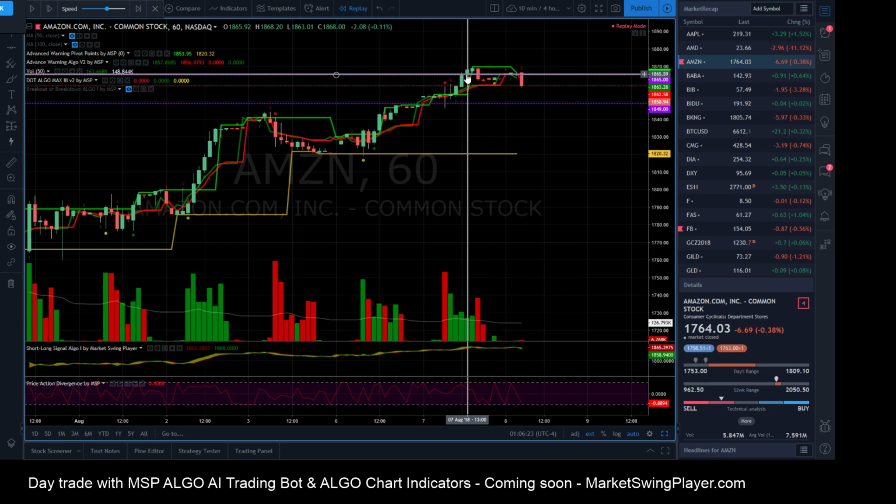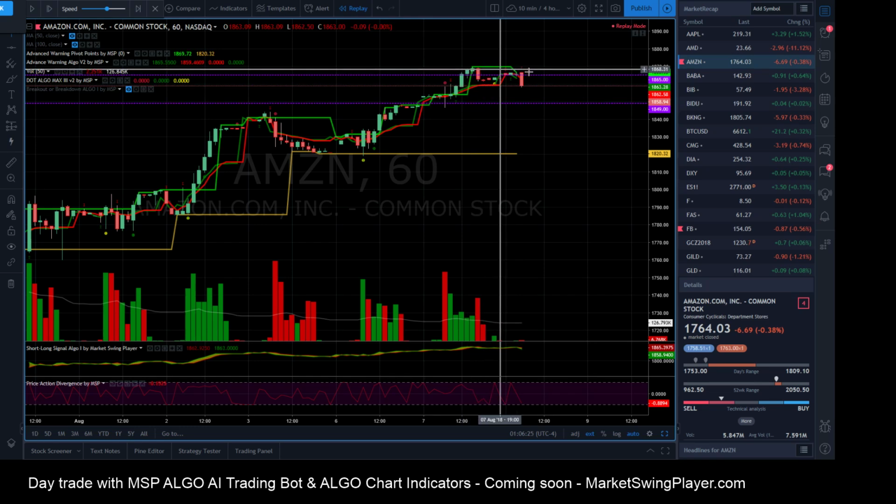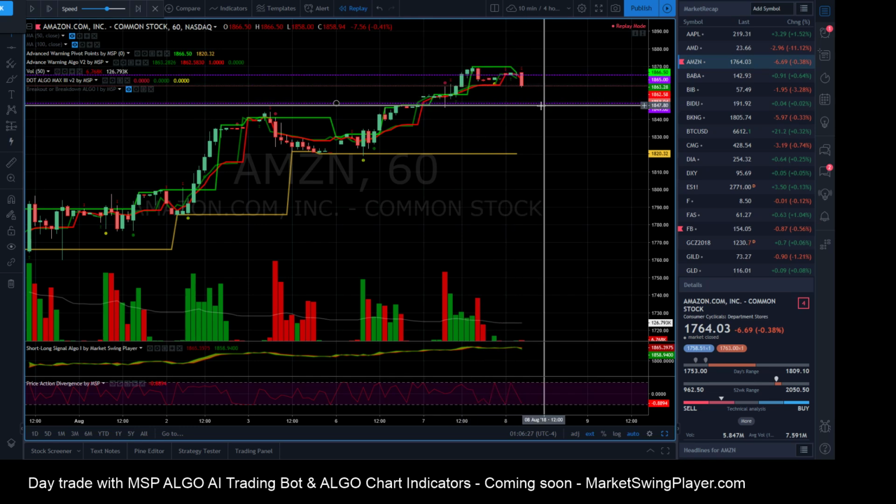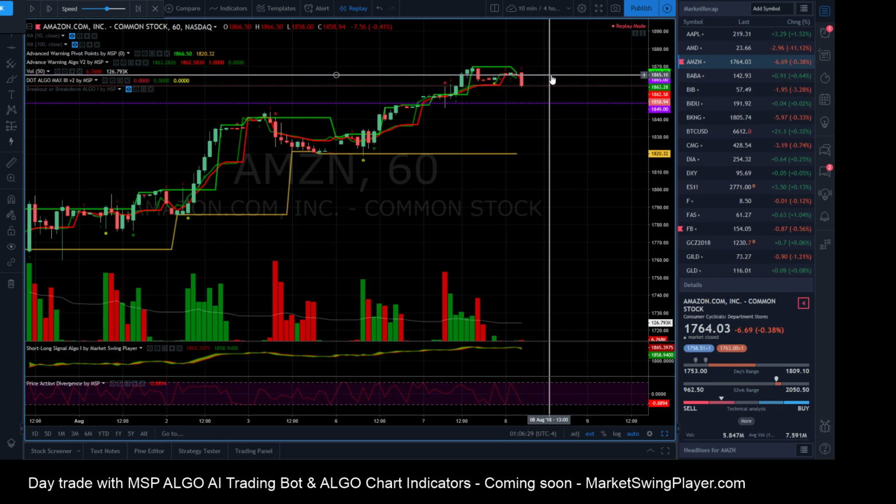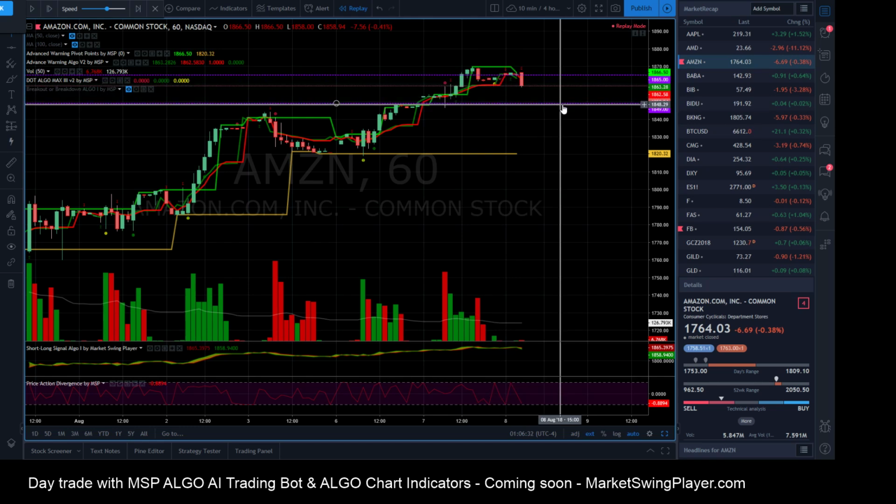So we could see that we got our lines, and we could kind of see the route we think price is going to travel. The route, like a road map, you have GPS, and you have a street and a highway, and that's what this is. This is the path to travel for Amazon for the day.